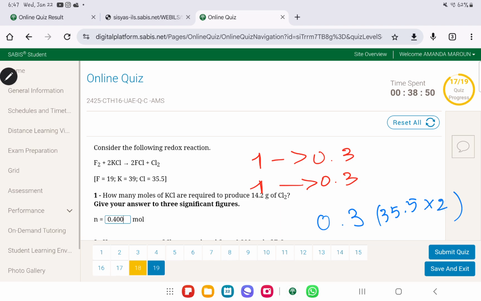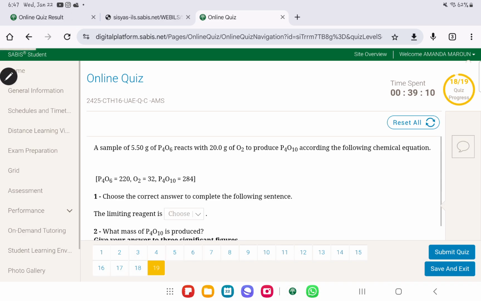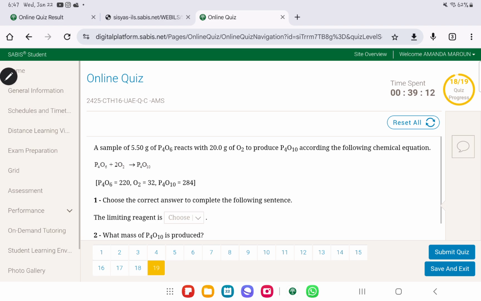So 0.3 times 35.5 times 2 will give us an answer of 21.3. So our answer is 21.3 gram.